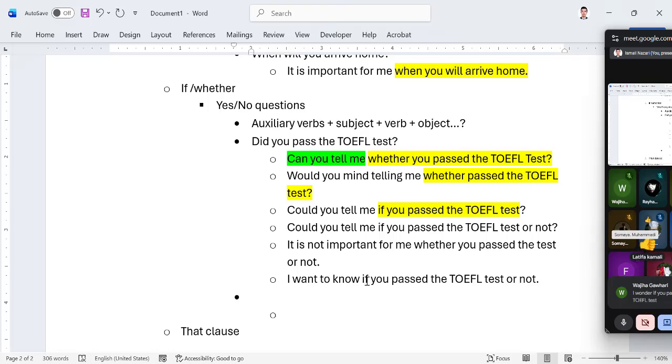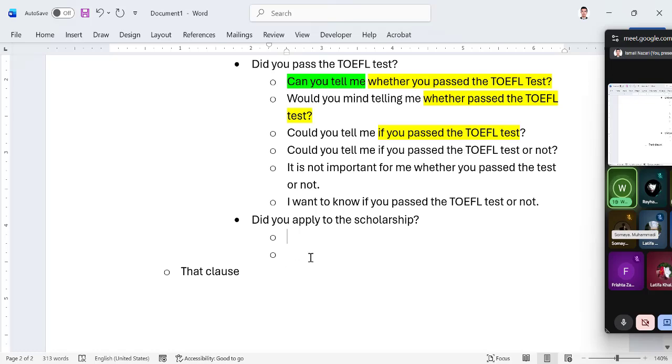So who can ask a question here, and then let's change it together. Miss Wajiha. Hello again. Did you apply for the scholarship? This is the question.